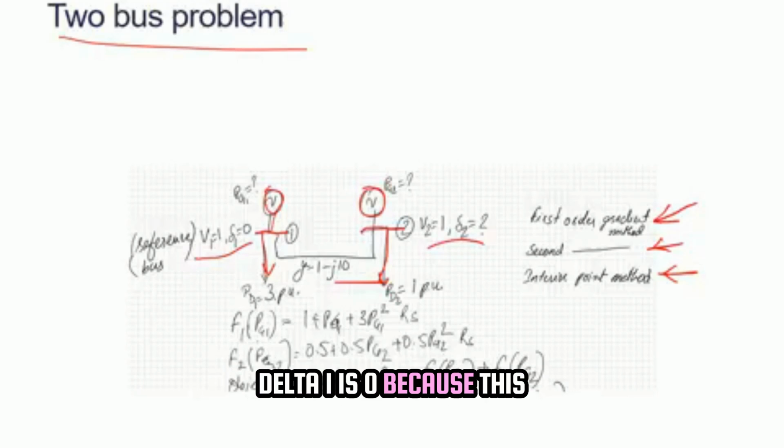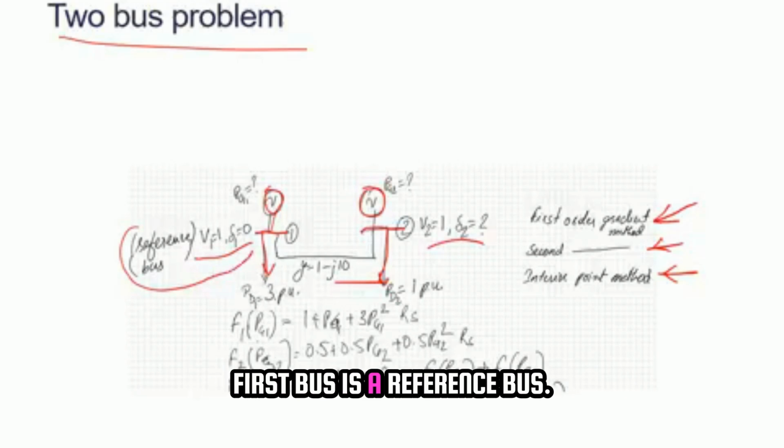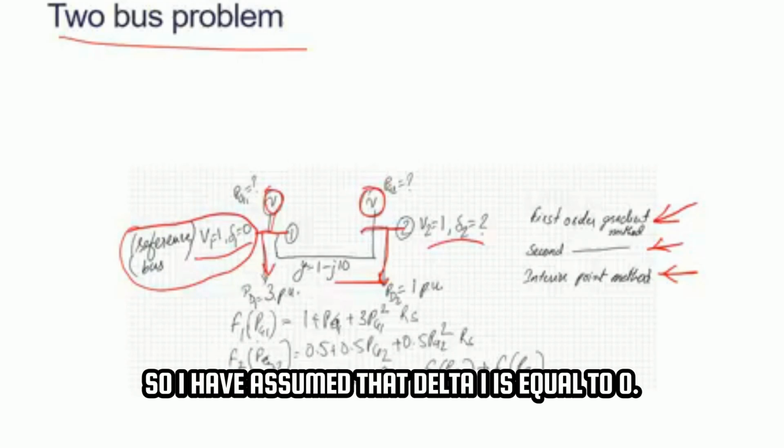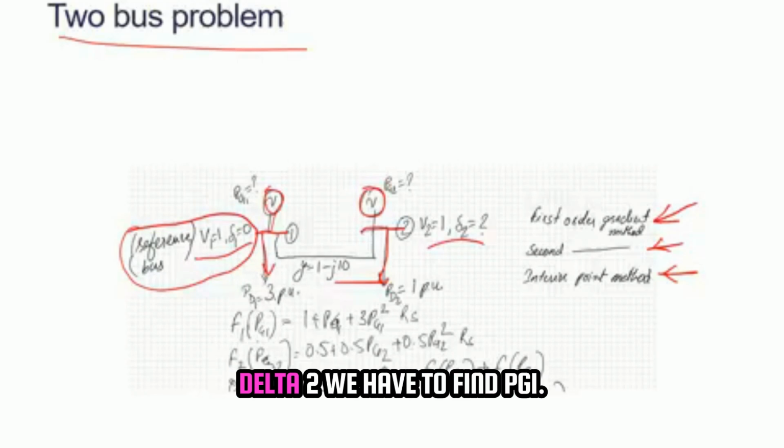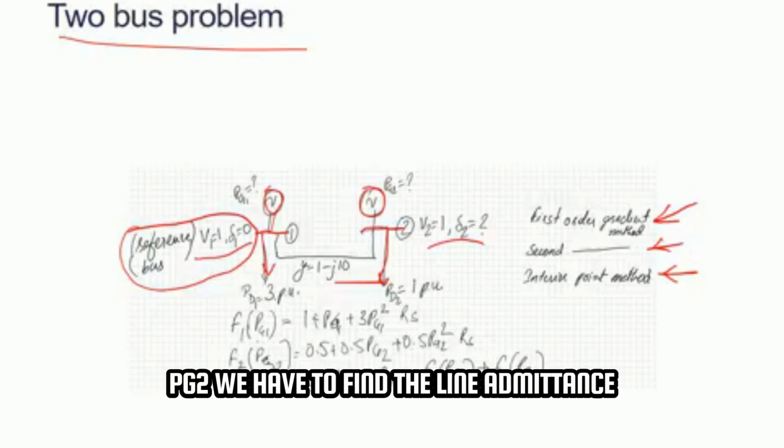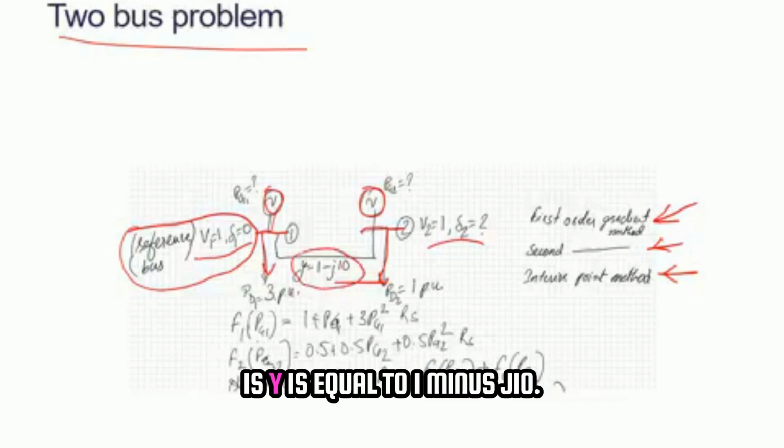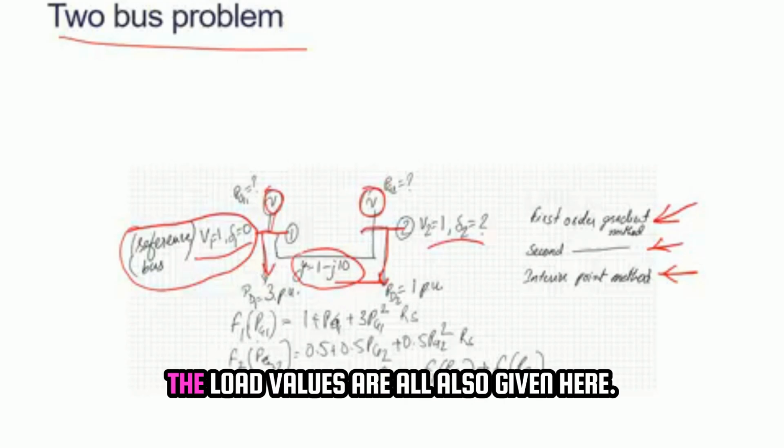Delta 1 is 0 because this first bus is a reference bus. Delta 2 we have to find, PG1 and PG2 we have to find. The line admittance is y equal to 1 minus j10. The load values are also given here.